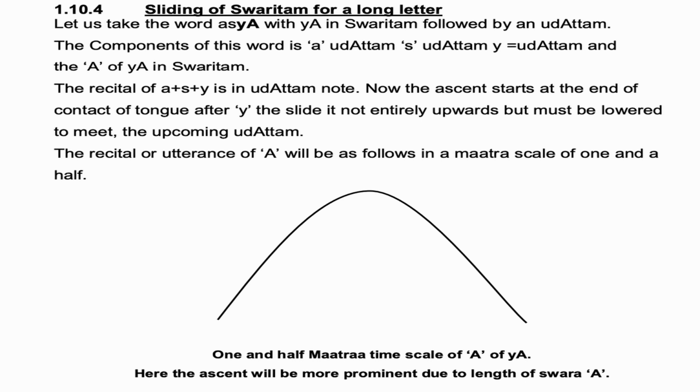In the next video, we will show a kind of an ideal curve, may not be exactly ideal as per all the schools, explaining the ascent as well as descent of the word Asya. If you observe the matra kala that is available for a Swarita, Dheergha Swarita, Anudata, based on the matra kala of the vowel sound, you will learn to slide.